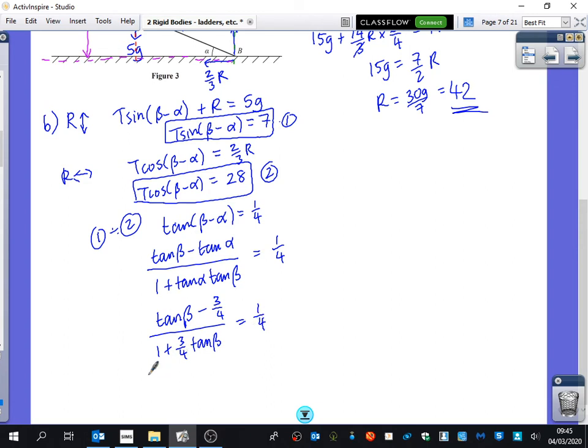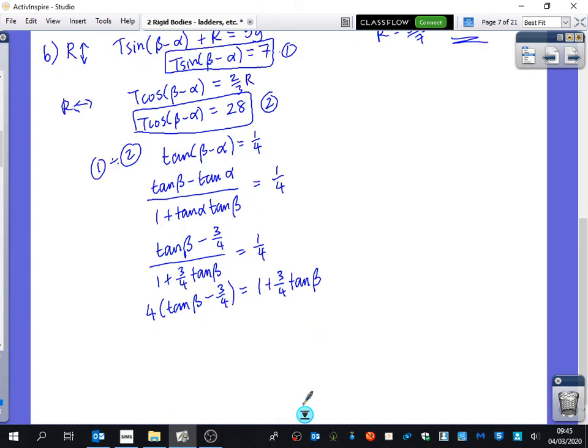So when I multiply this side by 4, I get 4 tan beta minus 3/4 equals 1 plus 3/4 tan beta. Expanding out, 4 tan beta minus 3 equals 1 plus 3/4 tan beta.